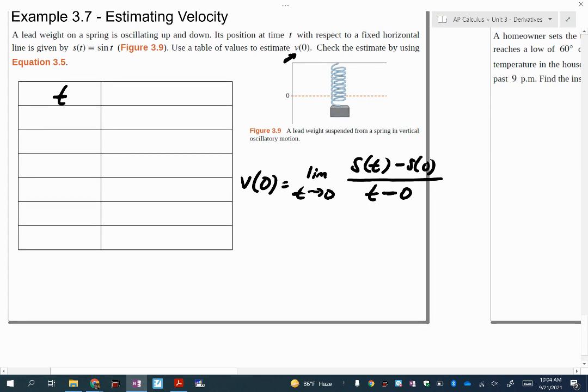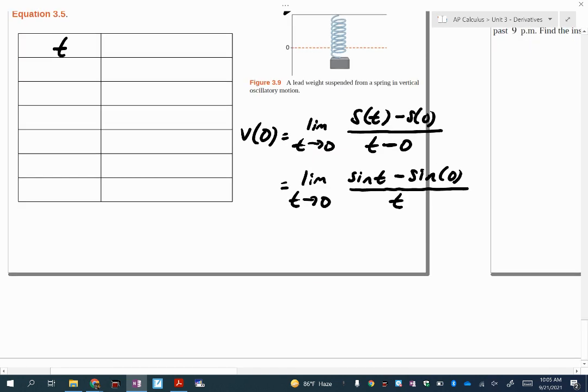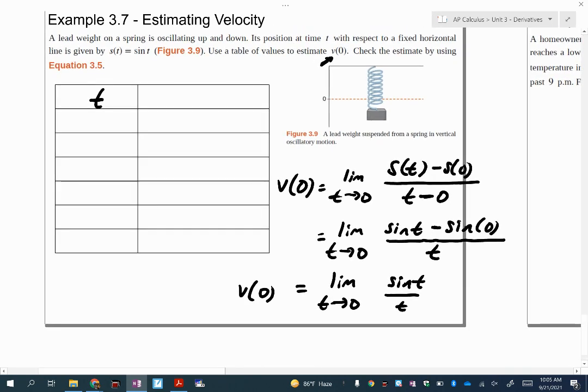I'm going to be plugging in s of t, which is the sine of t, minus the sine of 0, over t minus 0, which is t. And the sine of 0 is also 0. So this is going to be the sine of t over t, which is equal to the instantaneous velocity at time 0.